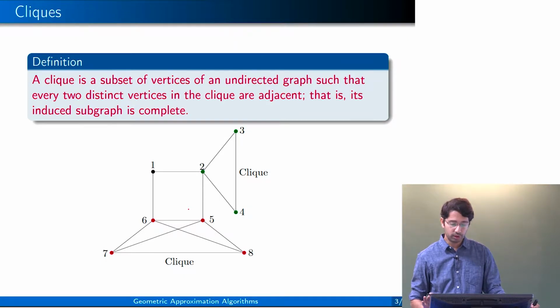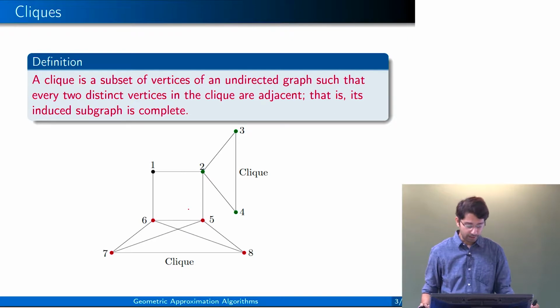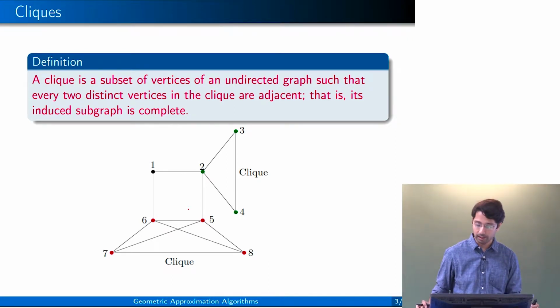For example, 2, 3, 4 forms a clique, 5, 6, 7, 8 forms a clique, but 1, 6, 2, 5 does not form a clique because the edges 2-6 and 1-5 are absent from the graph. This is basic graph theory.